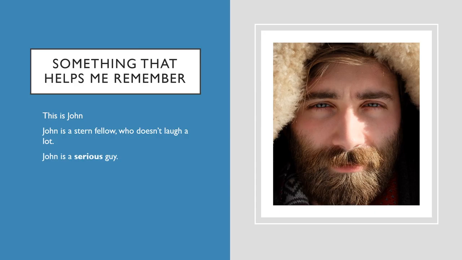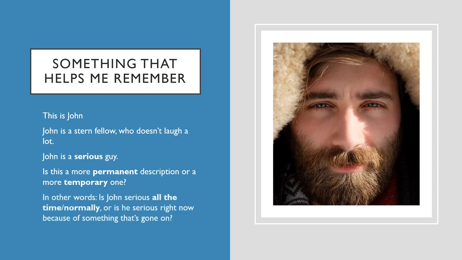Now, what am I doing here? Is this a permanent description or a temporary one? In other words, is John serious all the time, or normally? Or is John serious right now because of something that's gone on in his life, or something that recently happened to him? What do you think?